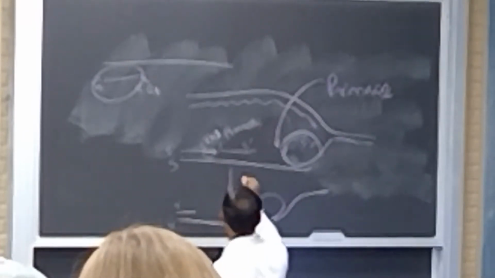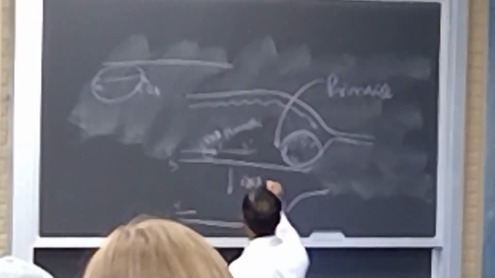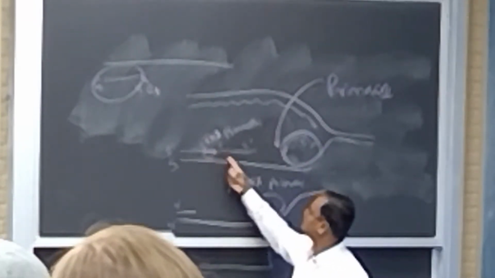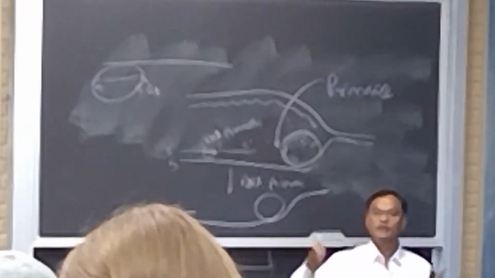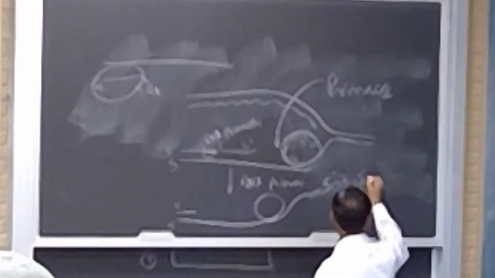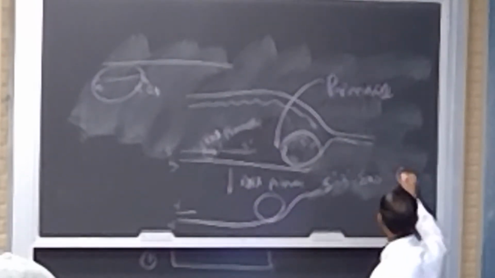These RNA primers, located at the 5 prime end, need to be degraded. And this RNA primer degradation at the 5 prime end is controlled by the 5 prime to 3 prime exonuclease activity of Pol 1. Does it make sense? So remove these RNA primers.